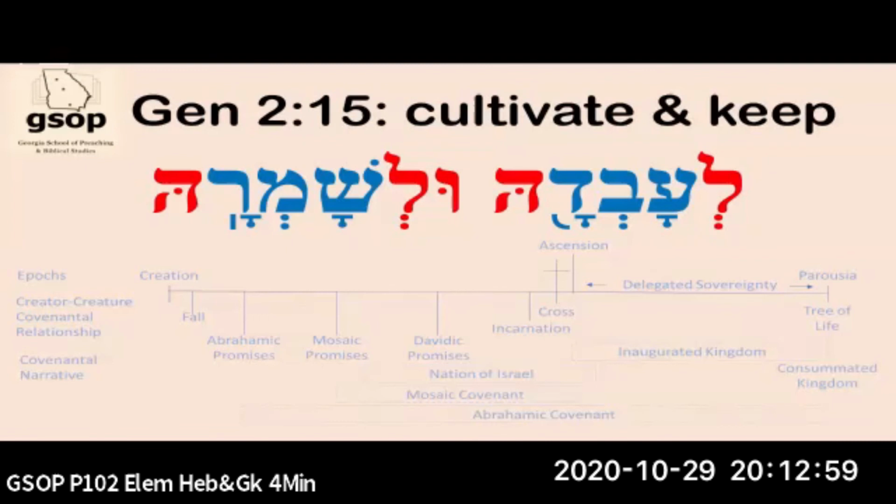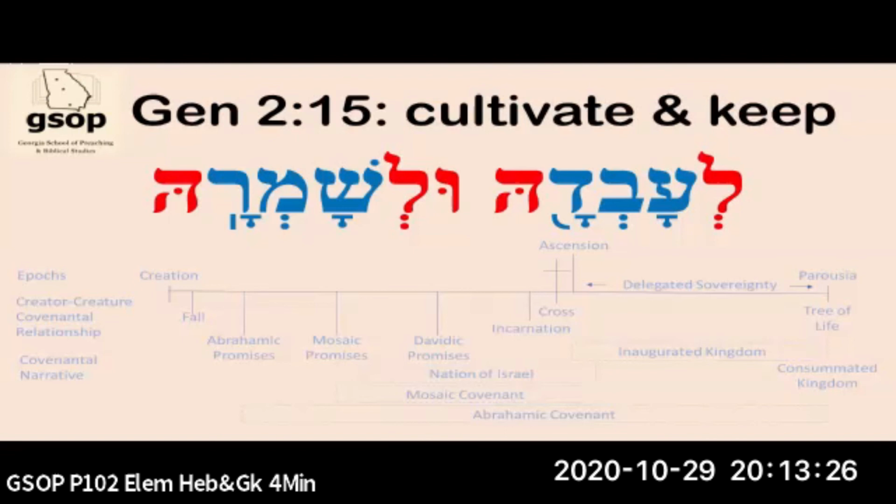Shamar is to keep or to guard. Avad here is the verb form of your word, doulos, for eved, which is a noun form, right? This is the verb form, avad, which is going to be to cultivate or to serve, to till, to work.